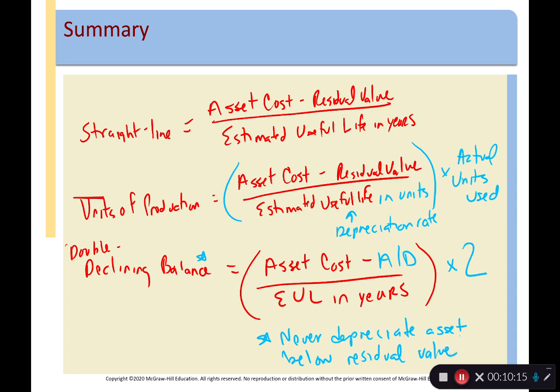The first two formulas for straight line and units of production have that residual value right in the formula, so it automatically makes sure we don't depreciate the asset below residual value, but double declining balance does not have the residual value in the formula, so that may require that we make a manual adjustment, as you'll see in the examples I'm about to go through.